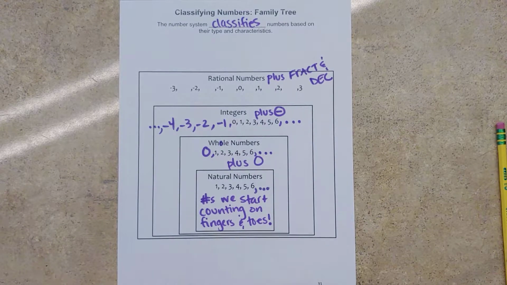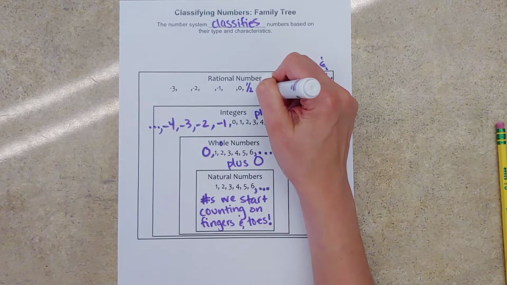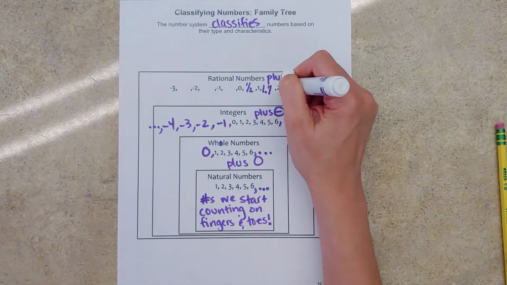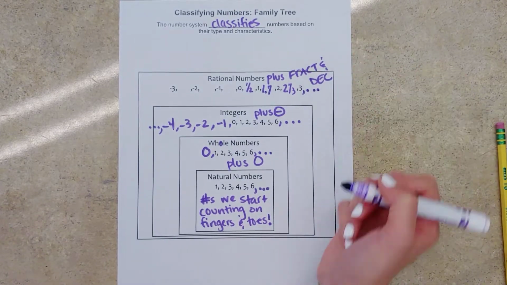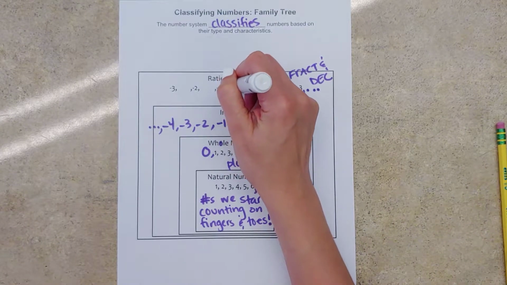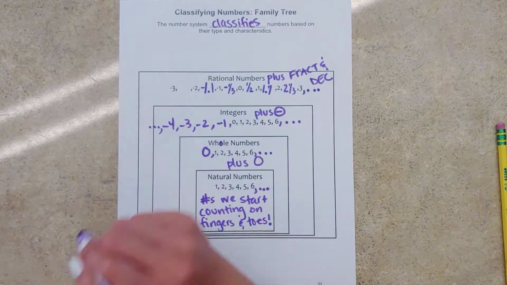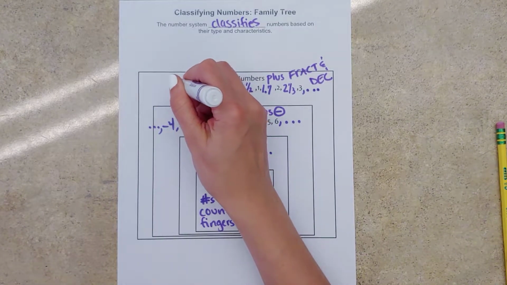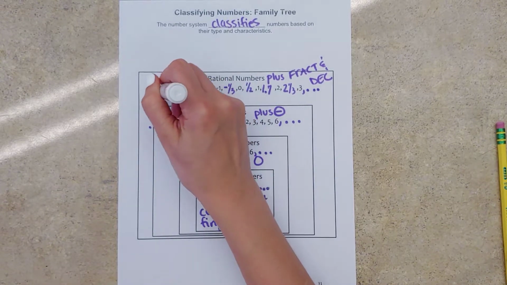Like 1/2 or 1 7/10 or 2 1/3 and so on. It just goes on forever and ever, but it also includes the negatives of that. So it could be -1/3 or -1 1/10 or -2 1/5 and so on and so on.